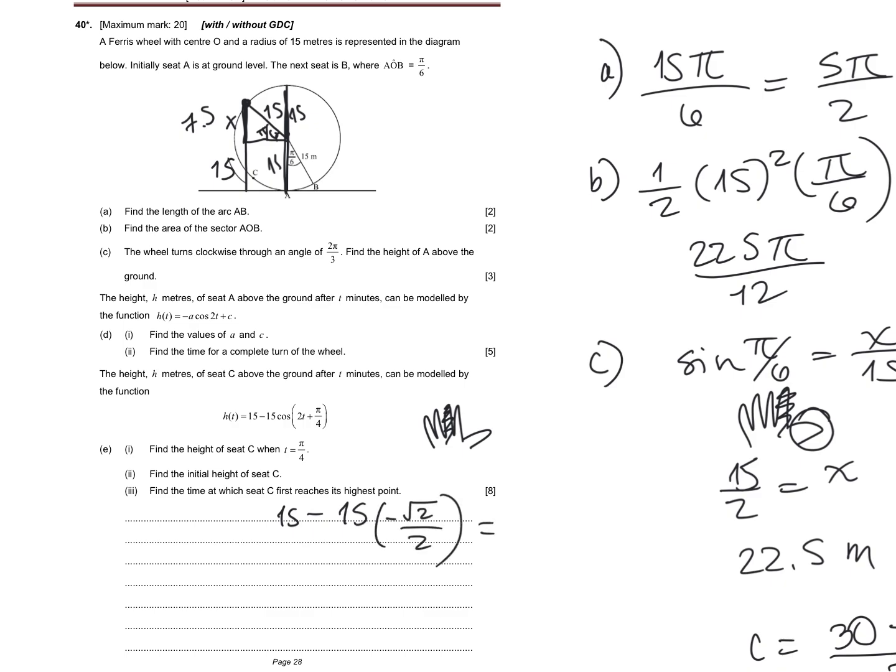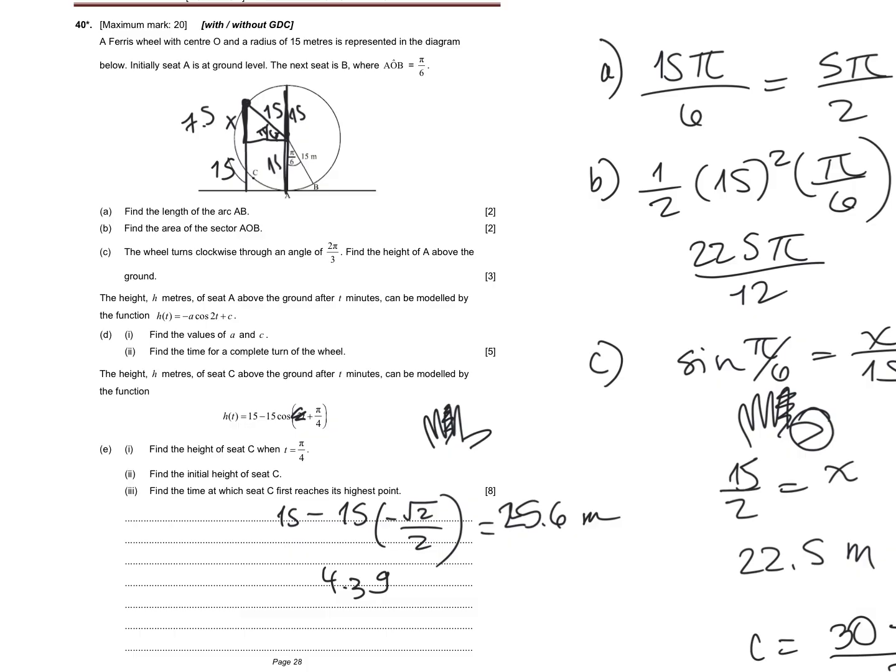So that's going to be the height if we do that in a calculator: 15 minus 15 root 2 over 2. So this is 25.6 meters. Find the initial height of C, so that's just 0. So that's going to be 4.39 when we do 15 minus 15 times root 2 over 2.